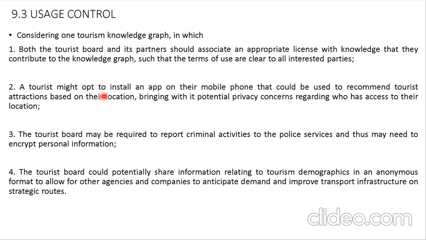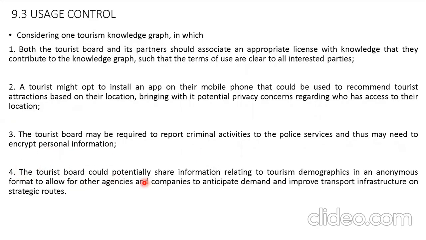A tourist might be eager to install an app on their phone that could be used to recommend tourist attractions based on their location, bringing with it potential privacy concerns regarding who has access to their location. And the tourist board may be required to report criminal activities to the police service and therefore may need to encrypt their personal information.